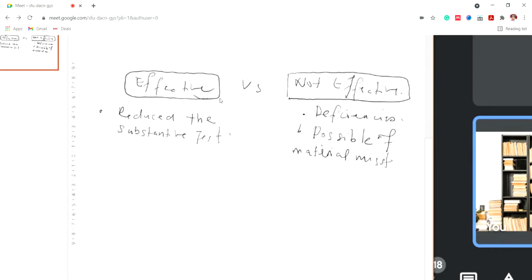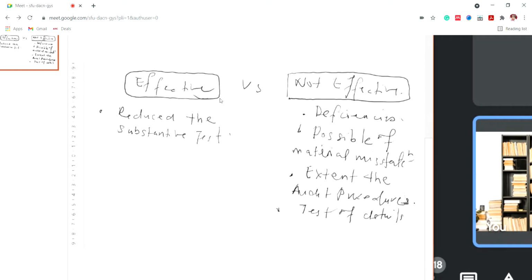So when there is a possibility of material misstatement, what should you do next? You have to extend the audit procedures. When you extend the audit procedures, you have to perform tests of detail.